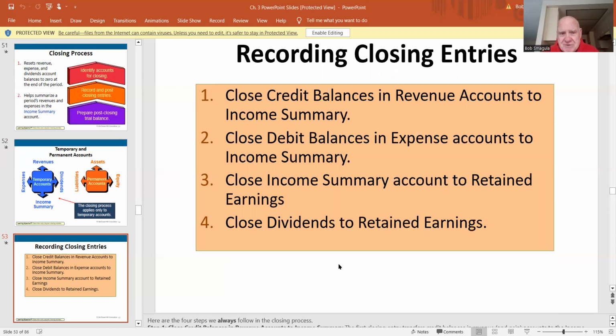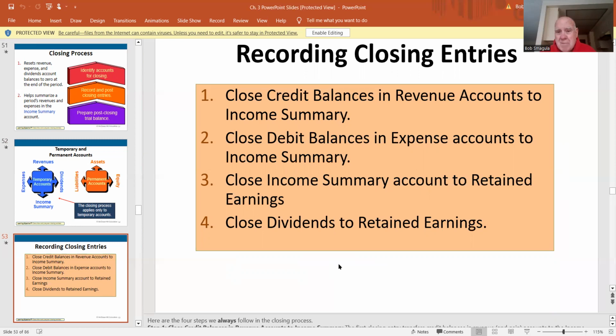Close credit balances in revenue accounts to income summary, close debit balances in expense accounts to income summary. Let's think about that a second. All your revenue accounts have a normal balance of a credit. It's a credit that increases a revenue. So now we're going to get rid of that revenue with a debit.